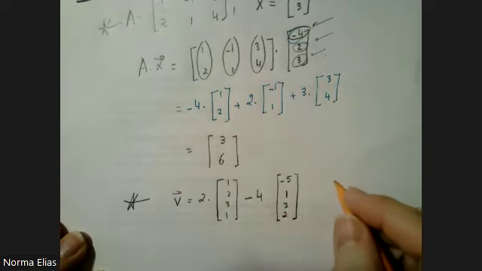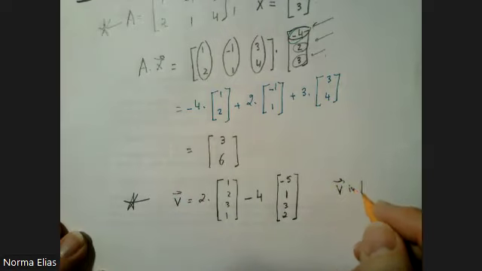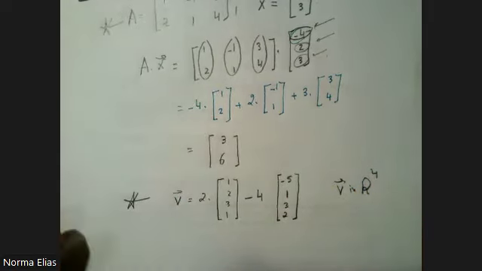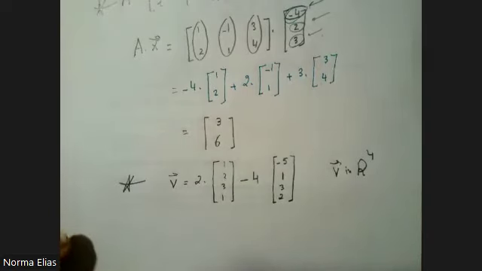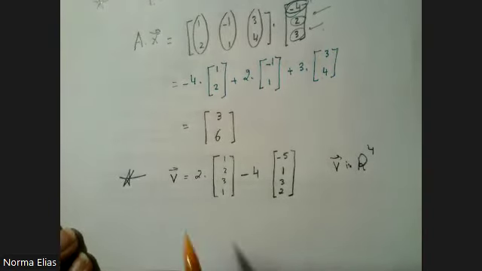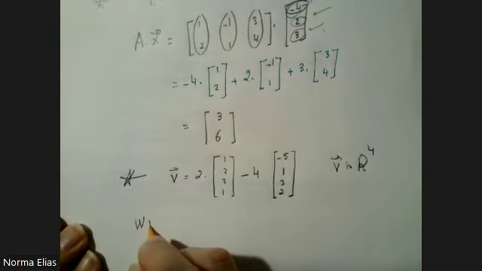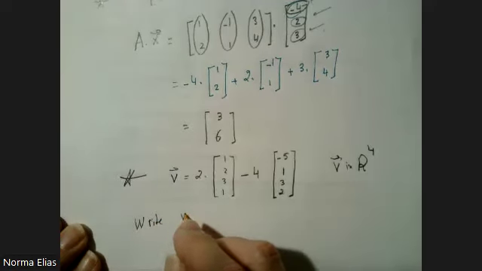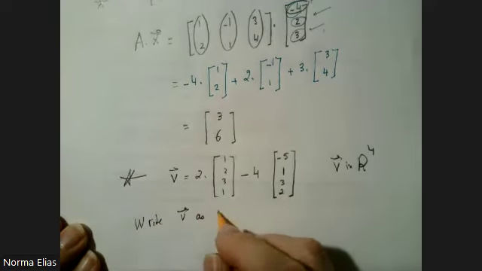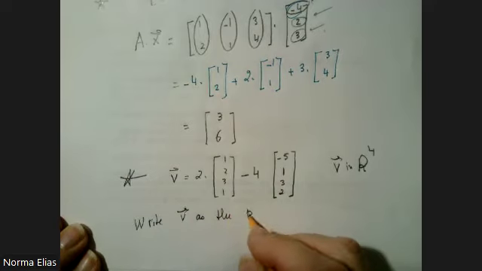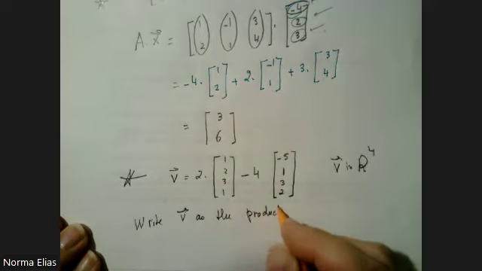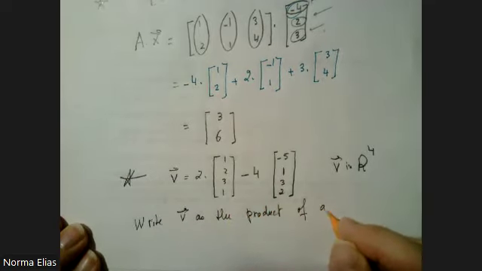So here the vector v, with 1, 2, 3, 4 entries, is in R4. We've never had that, but we can always go to any dimension we want. The question is a very simple question. Write v as the product of a matrix and a vector.